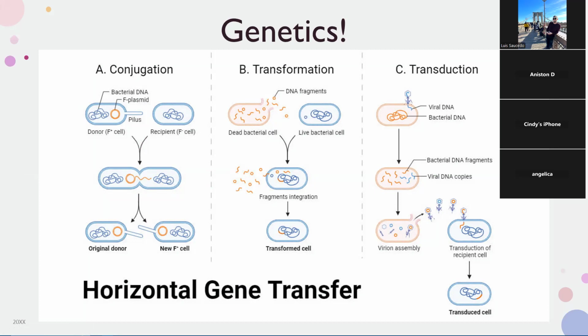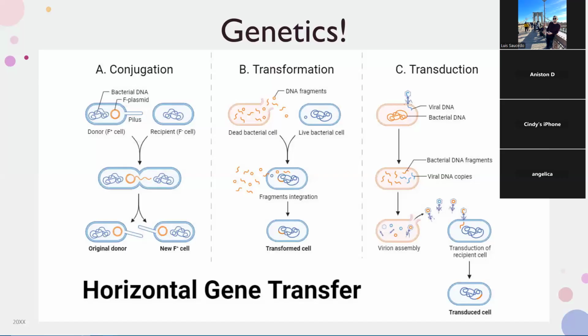The things that you will have to focus on: horizontal gene transfer. Remember that we have three different ways that bacteria can transfer genes. And horizontal gene transfer means that they're not replicating to transfer these genes. They're able to exchange genes just by being next to each other. So you have conjugation, where you have the sex pilus, and essentially some of the DNA from the plasmid gets moved over into another cell, and then that other bacterial cell now develops the same antibiotic resistances that the original bacteria had.